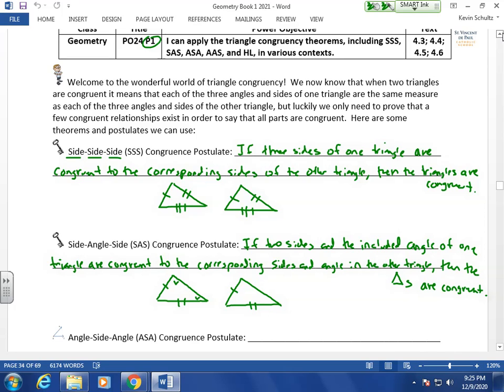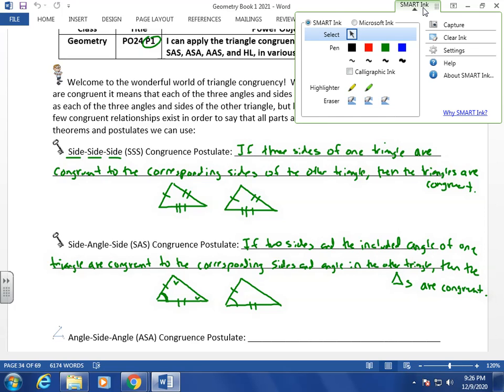Not the one on the right here. It's talking about this angle here. The one that is formed by the two sides, kind of the angle that's between the two sides we know are congruent. That's what it means by included angle. So this would be an example of side, angle, side. And if you can prove that the two corresponding pairs of sides and the included angle are congruent, those three pieces are enough to say the two triangles themselves are congruent. Okay?